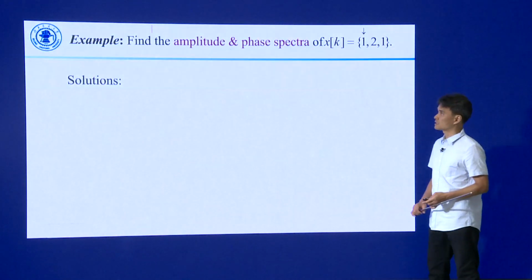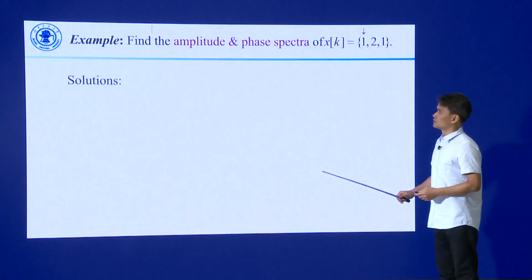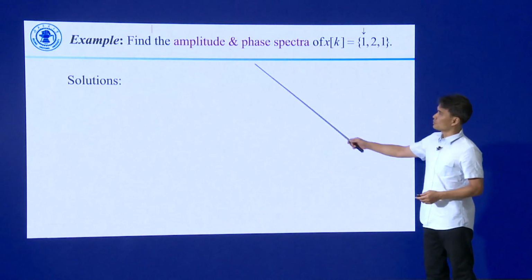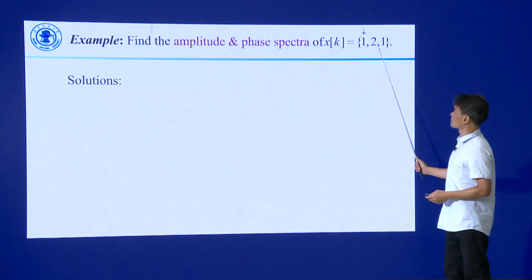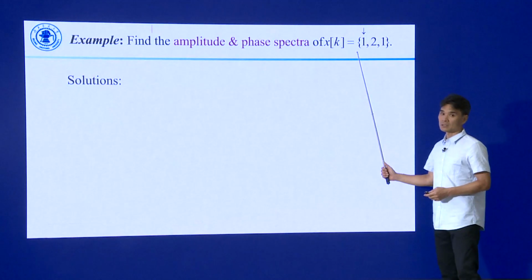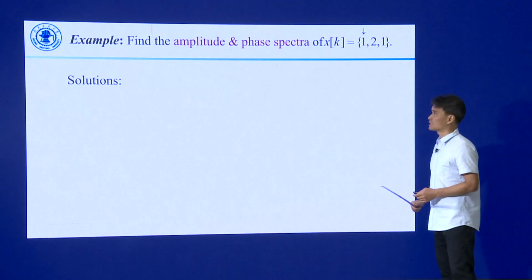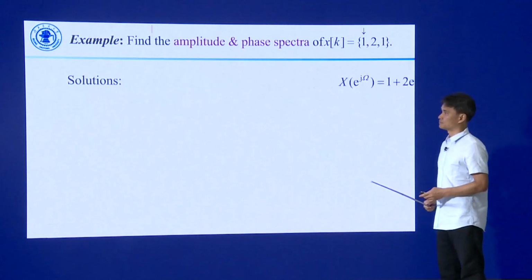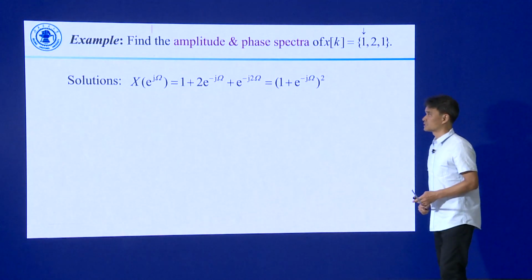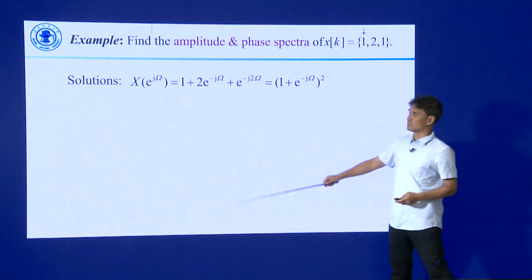Here is one example. When we have this signal, a non-periodic sequence, what are the amplitude and the phase spectra? So we can use the definition to figure out the spectrum.